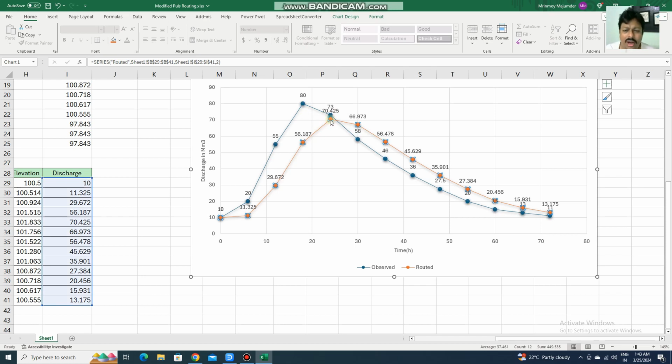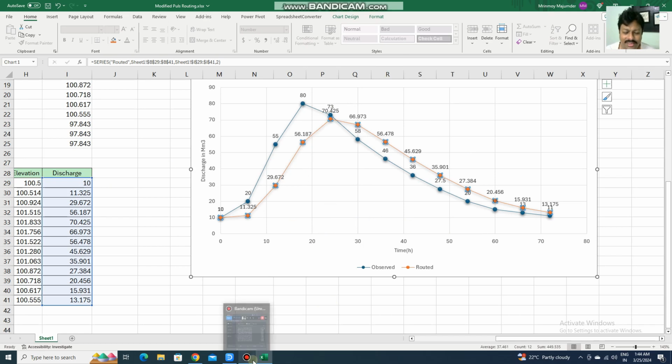Outflow hydrograph or flood hydrograph, 70 is the peak. Difference is 10. So this is known as attenuation. And this peak of 80 by the inflow hydrograph was reached at the 18th hour. However, for the predicted hydrograph, this peak 70 is reached at the 24th hour. So 6 hour difference, that is the lag.